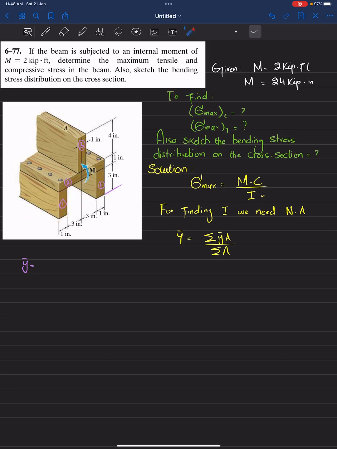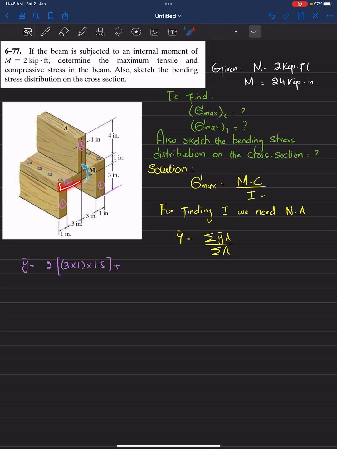Since we have two portions of this, we multiply by 2: the area is 3 into 1, and its y dash is 1.5. Clear? Plus now this area.